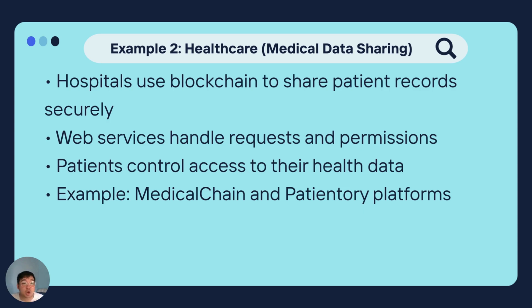For instance, when a patient gives a doctor access to their record, the web service sends the authorization request to the blockchain, which verifies and logs it securely. This ensures that patients remain in control of their personal medical data while maintaining trust between hospitals and clinics.